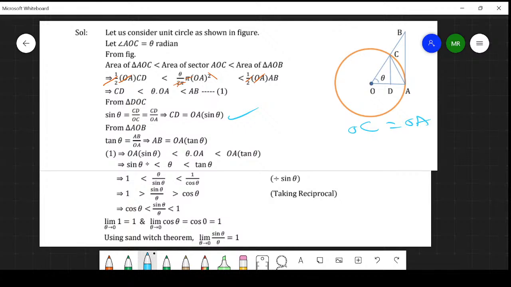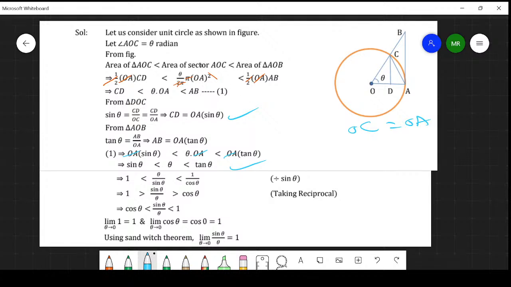CD means OA sin theta, less than theta into OA, less than AB, which means OA tan theta. I can eliminate OA here, and you will get sin theta less than tan theta. This relation is important: sin theta less than tan theta.